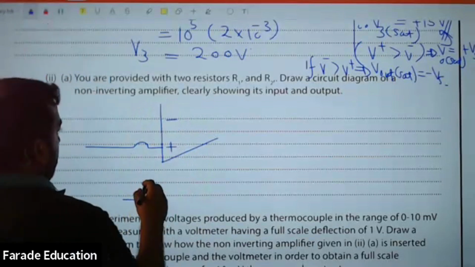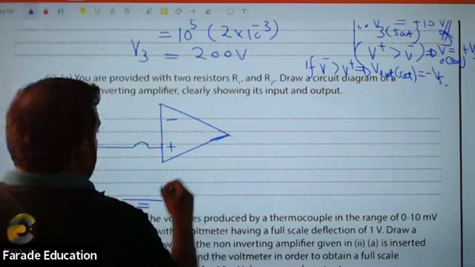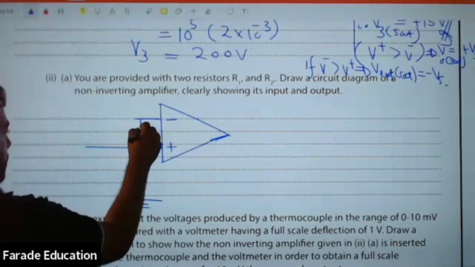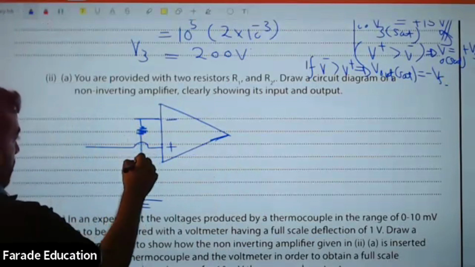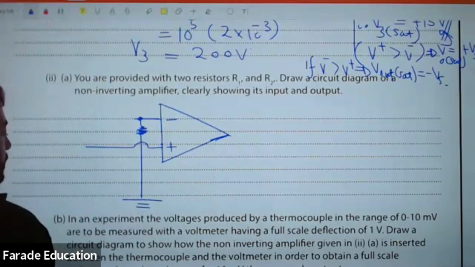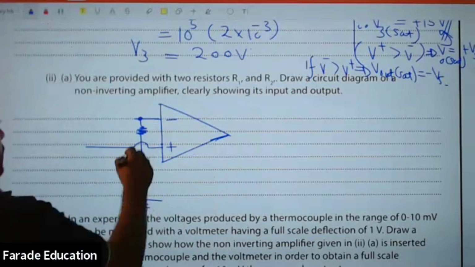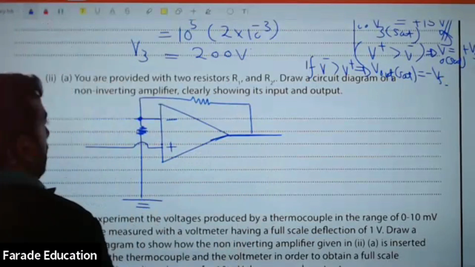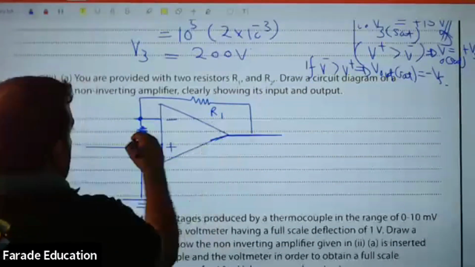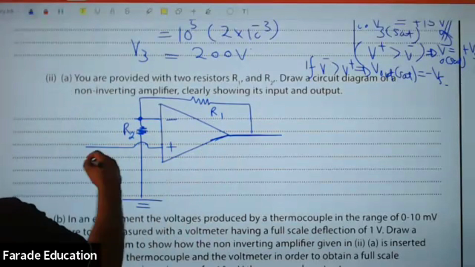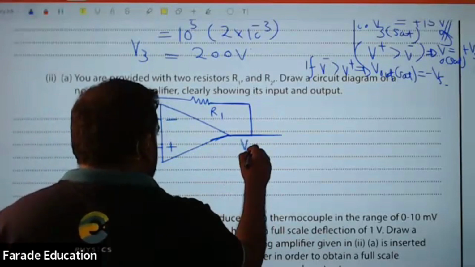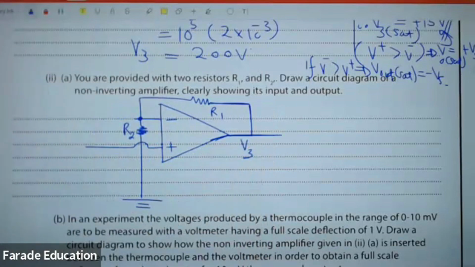If I draw it, here we can show R1, R2, the V plus input, and the non-inverting amplifier is connected to the output, V3. Right.